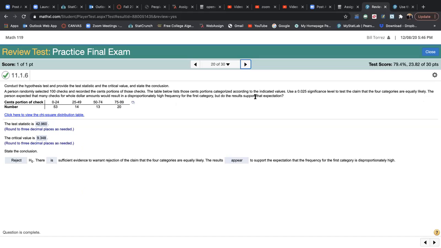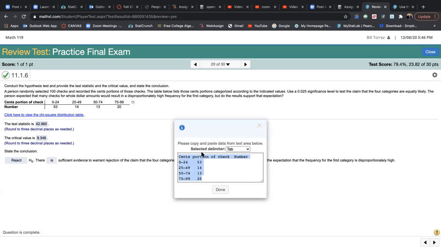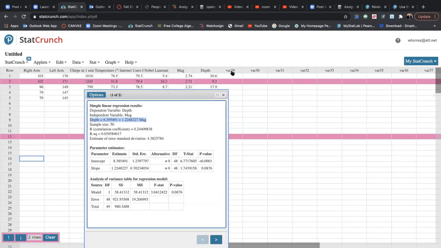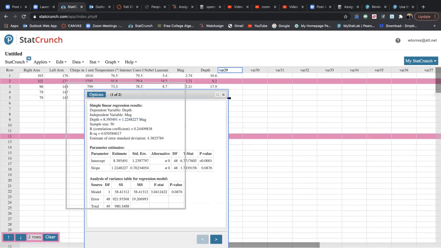Let's look at the results for the goodness of fit test here. Okay, so let's go into StatCrunch. Well, let's see. Let's go ahead and copy and paste this data right into StatCrunch. Put it here.